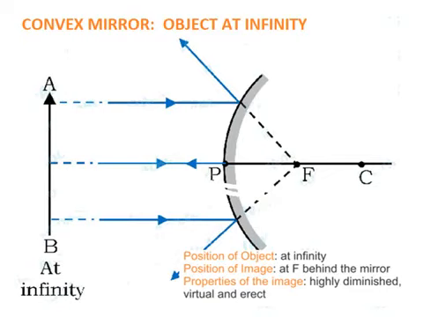So when the object is kept at infinity, you get the image at F, and it is a highly diminished image, and since it is formed behind the mirror, it is virtual, and you get an erect image. So these are the qualities of the image we get when the object is at infinity.